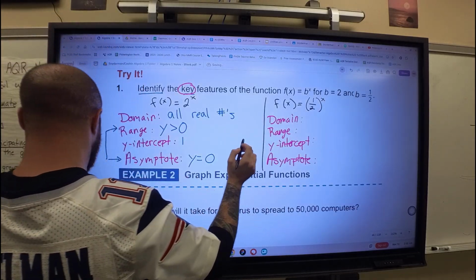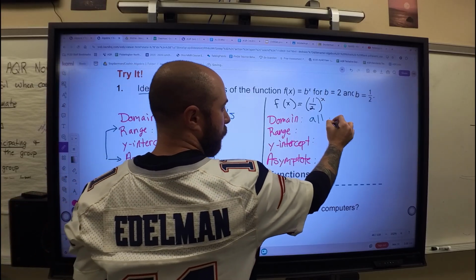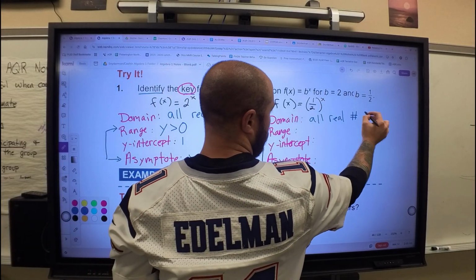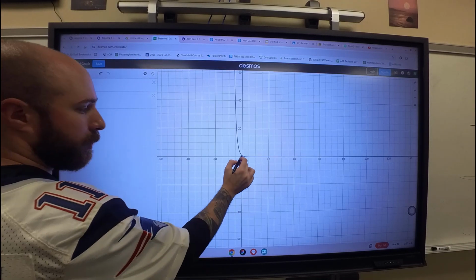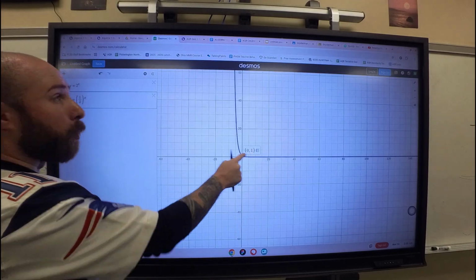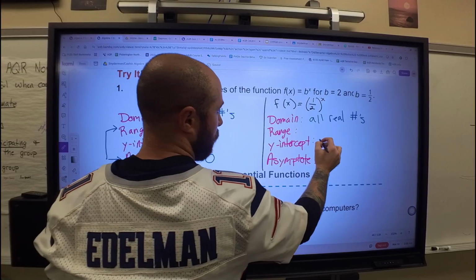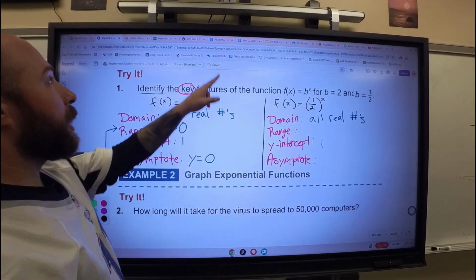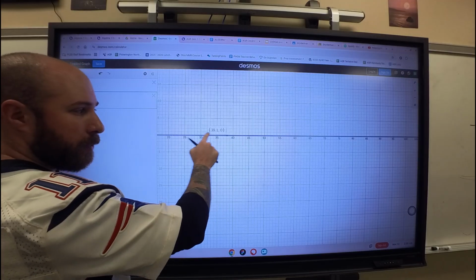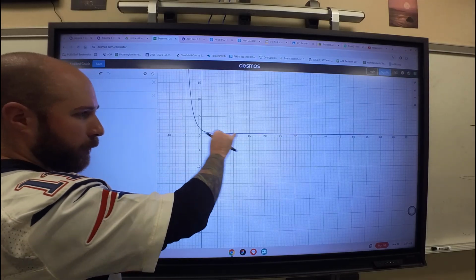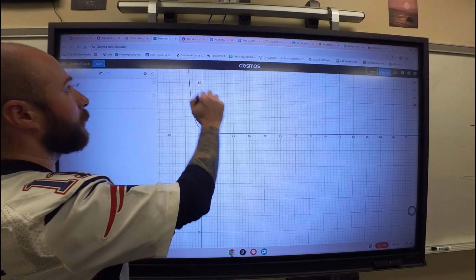So our domain is still going to be all real numbers. If we look at our y-intercept, it's still at 1. If we look at our asymptote here, it's still at 0. Okay, it's just going in this direction, but it's still at y = 0.